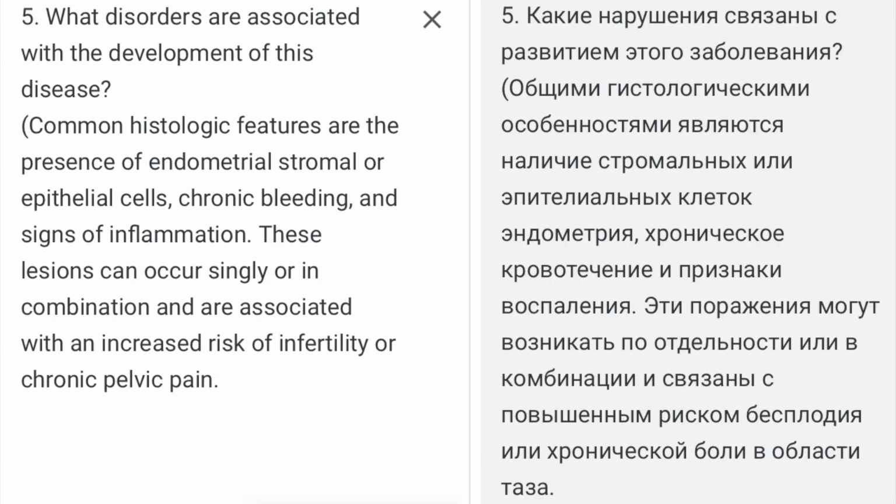5. What disorders are associated with the development of this disease? Common histologic features are the presence of endometrial stromal or epithelial cells, chronic bleeding, and signs of inflammation. These lesions can occur singly or in combination and are associated with an increased risk of infertility or chronic pelvic pain.